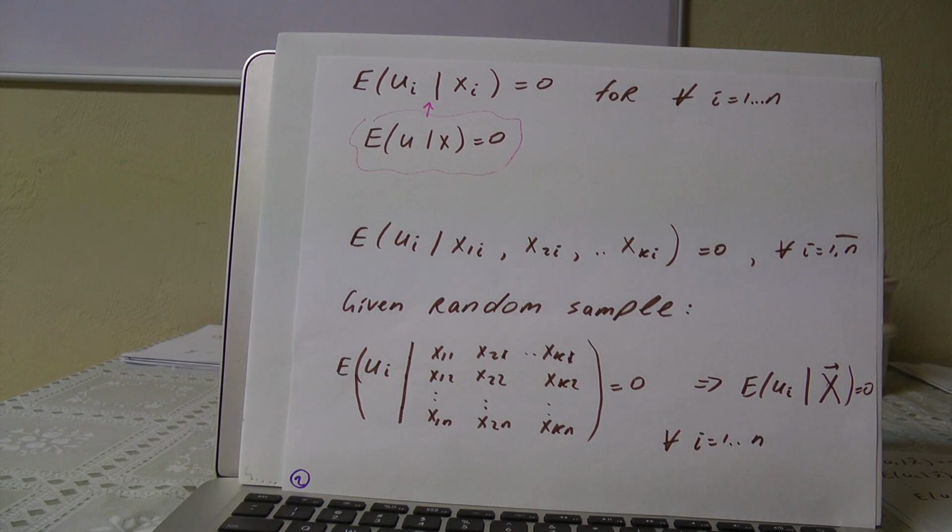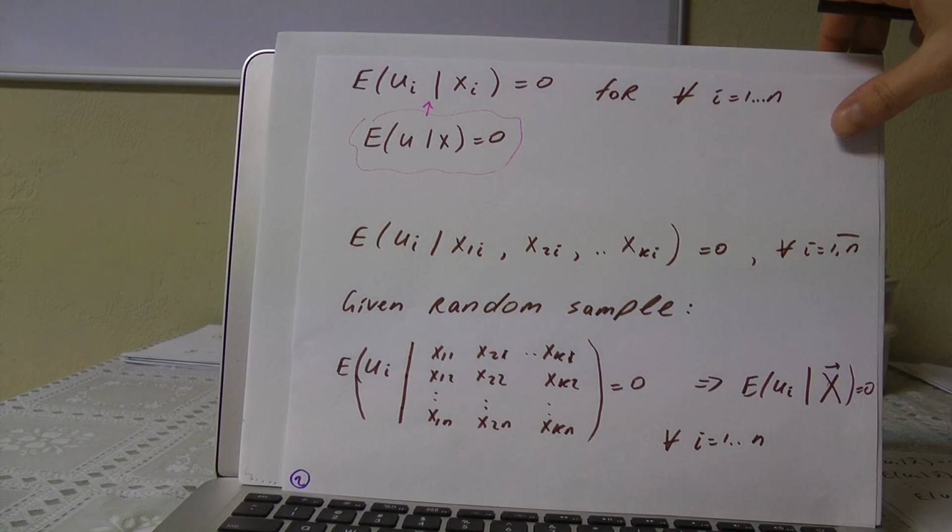So I'm now starting to build matrices into this assumption. The assumption now reads as the expectation of each one of these errors given the full matrix X, all of the information on independent variables, is equal to 0. So we already made that look like a matrix.